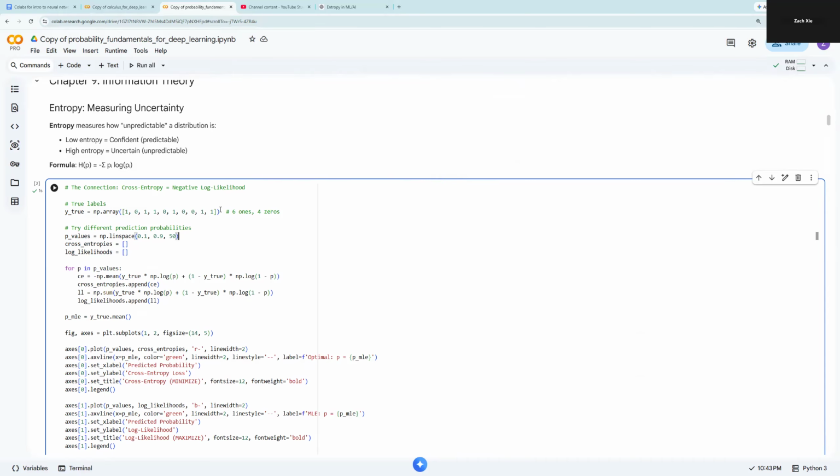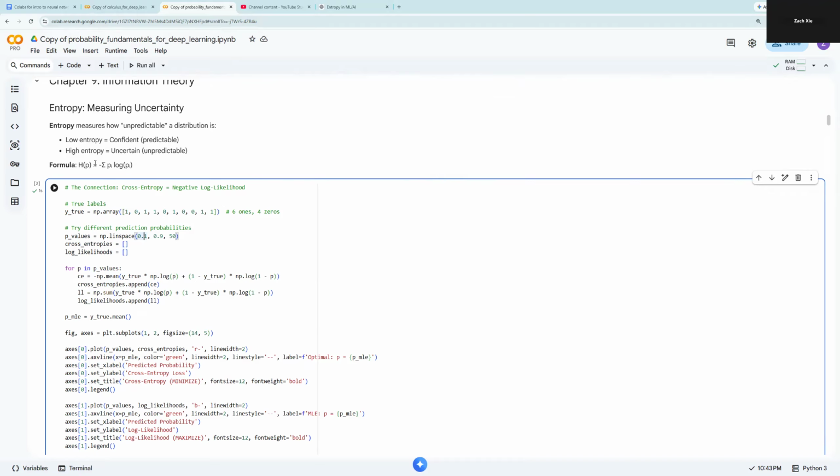So that conforms with the distribution of the original data samples. Right. So we start with different probabilities, different p-values from 0.1 to 0.9, right? But as I said, the best model should have a p-value of 0.6, right? So here we're computing the cross entropies.